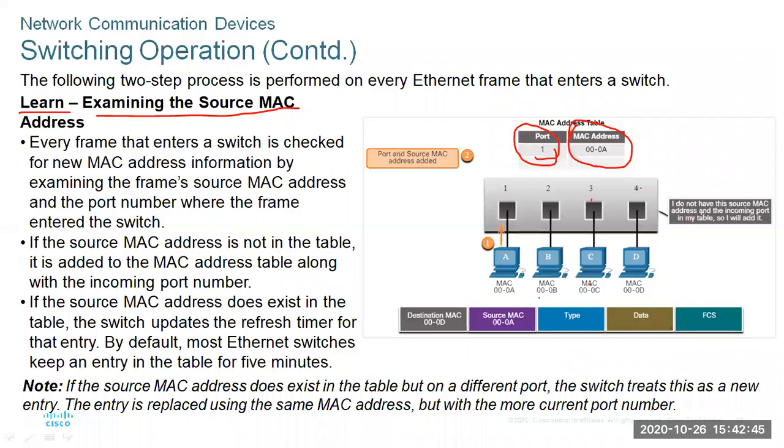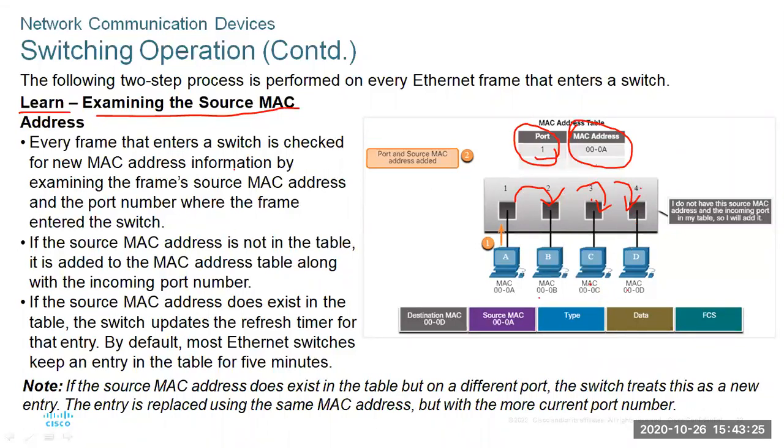It says, I do not have this source MAC address and the incoming port in my table, so I will add it. If the source MAC address is not in the table, it is added to the MAC address table along with the incoming port number. So it sends a broadcast. Once it sends a broadcast, it enters here, here, and here. The device that responds to the broadcast will have its MAC address and port number added to the table.